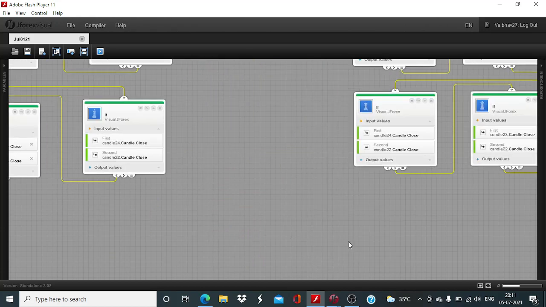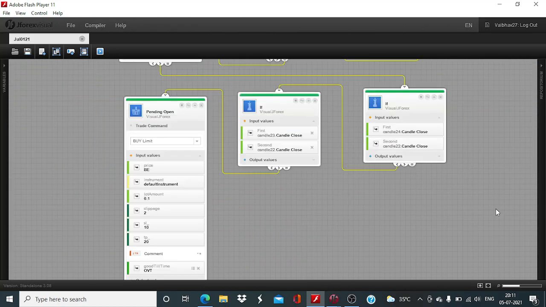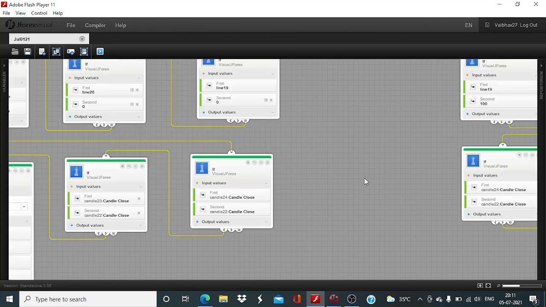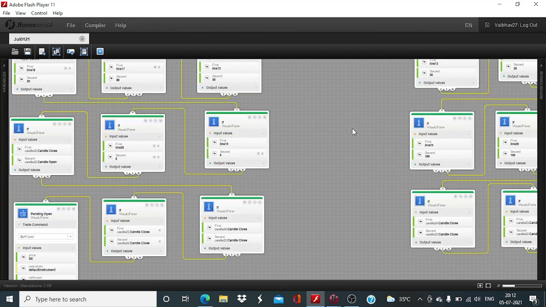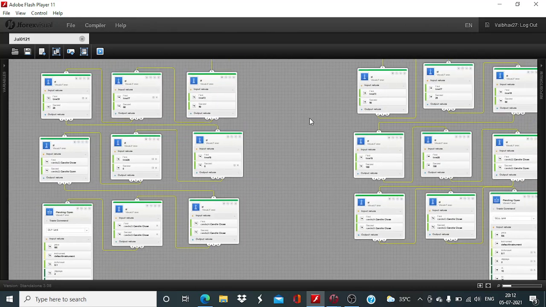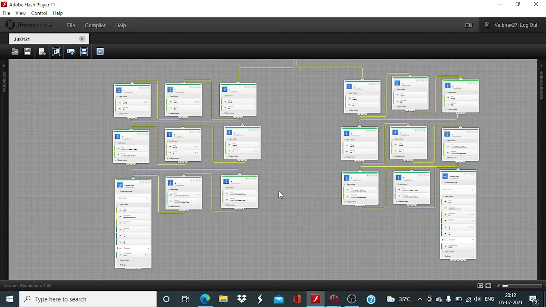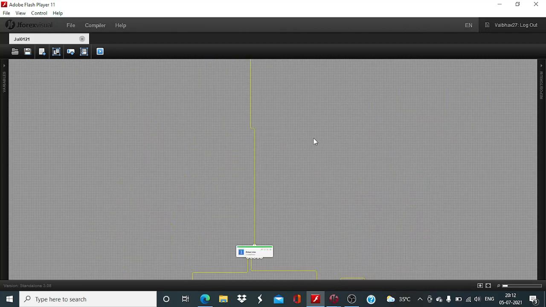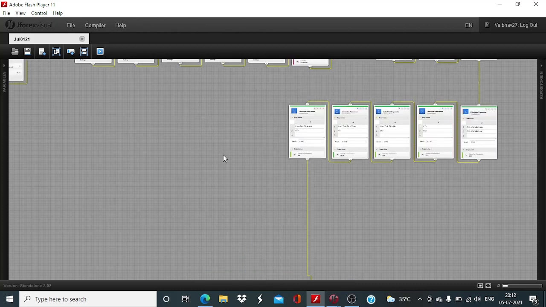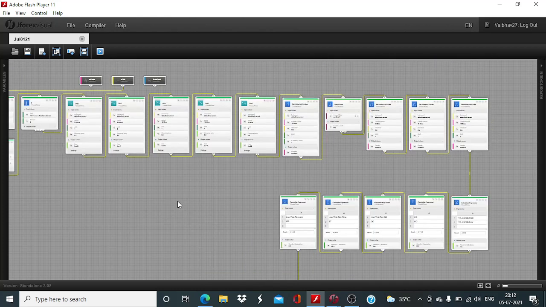This is the complete setup. I hope you have been able to understand the logical part as well as the execution of the logic using this LRSI block, and hopefully you will be able to replicate the setup on your own on the Visual JForex board.